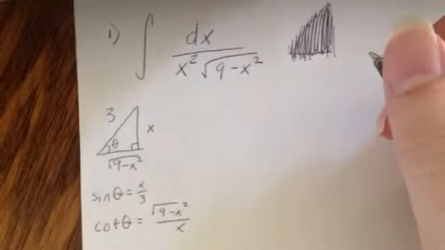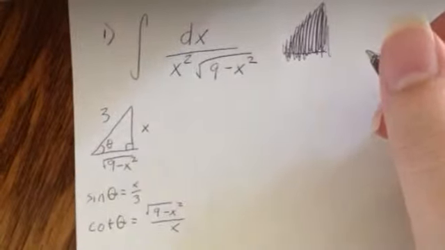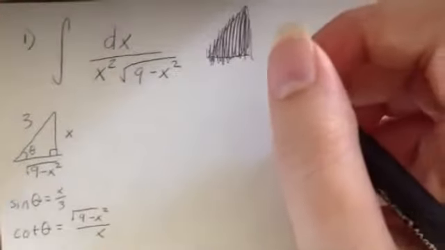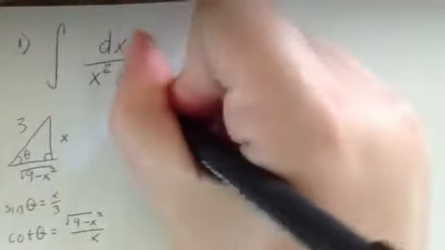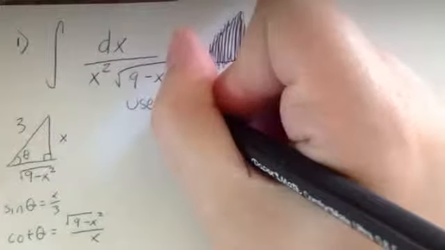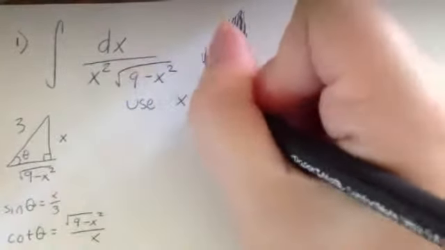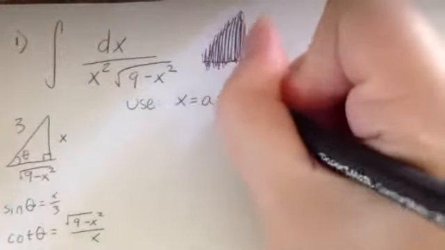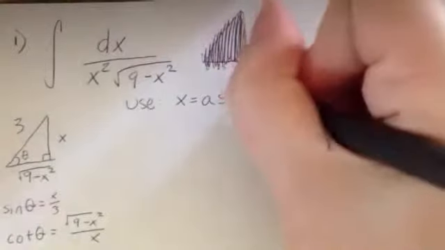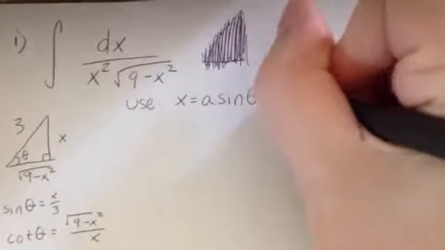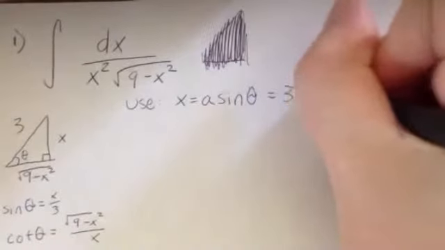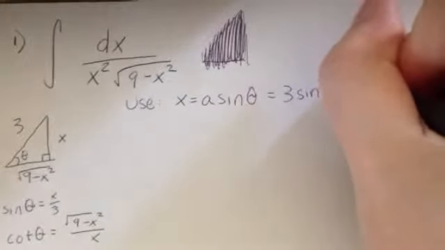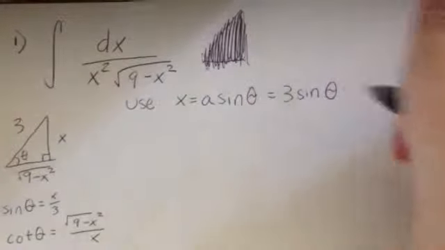Sine theta is being used because the radical is taking the form of a squared minus x squared, which means that you use x equals a sine theta. And in this case, if you look at your triangle, a is going to be equal to 3. So x equals 3 sine theta.